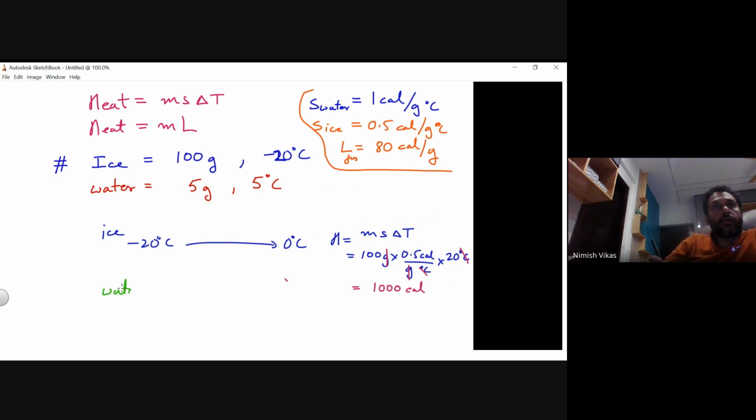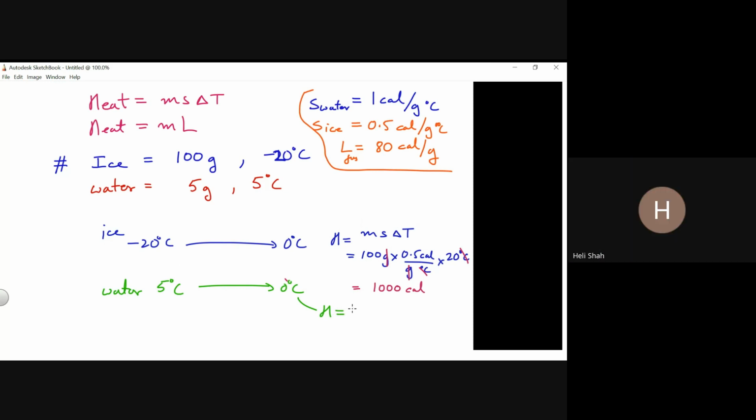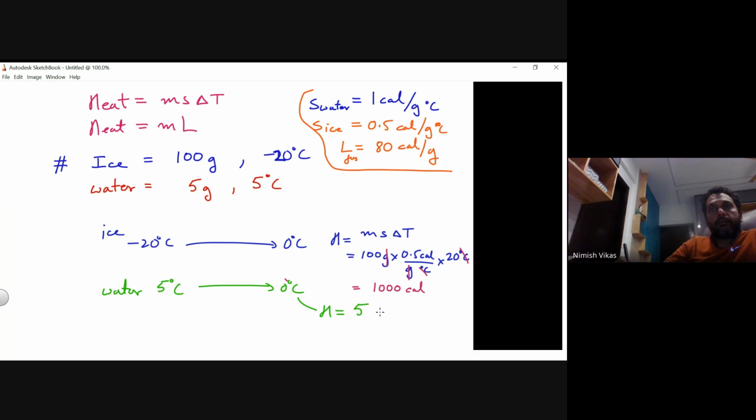So water goes from, suppose it is going from 5 degrees Celsius to 0 first. Let us see how much heat it can give. Somebody tell me how much can it give? 25 calories. How much was the weight? 5 grams.